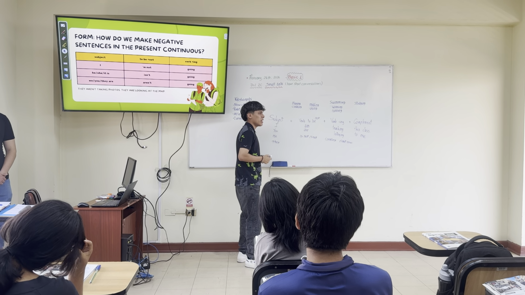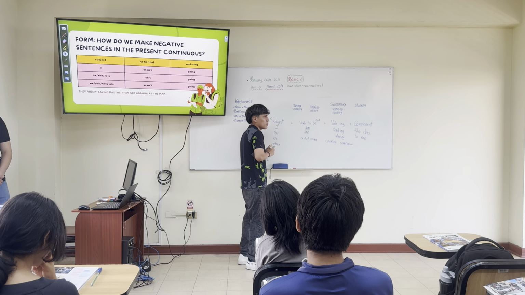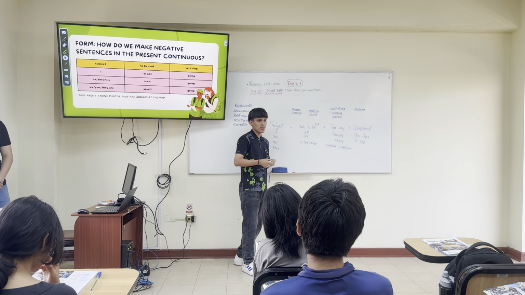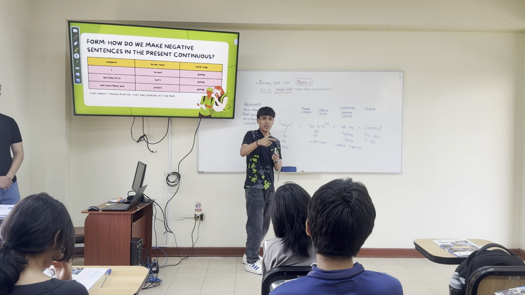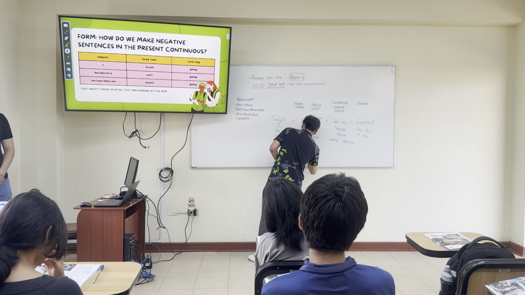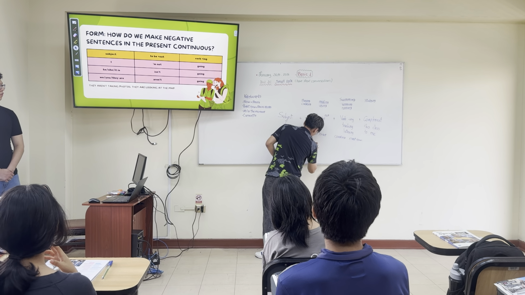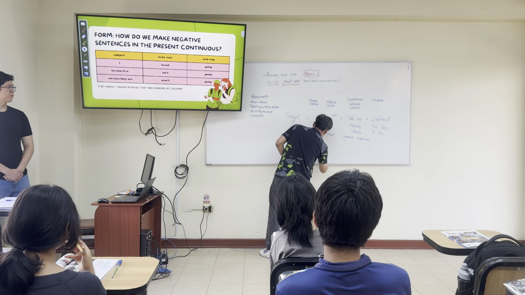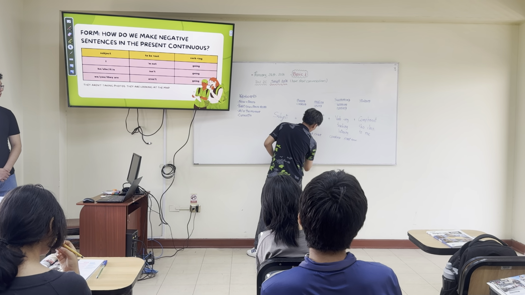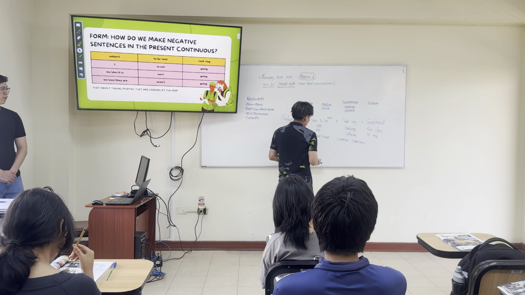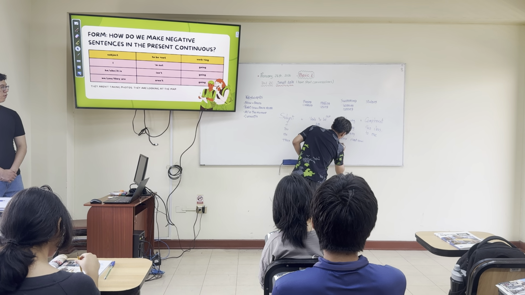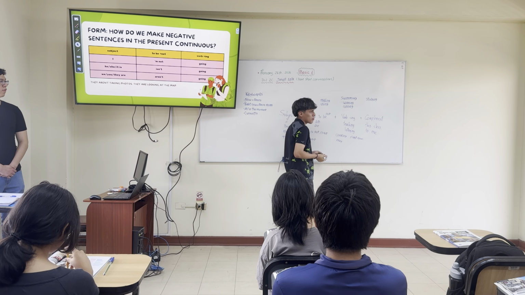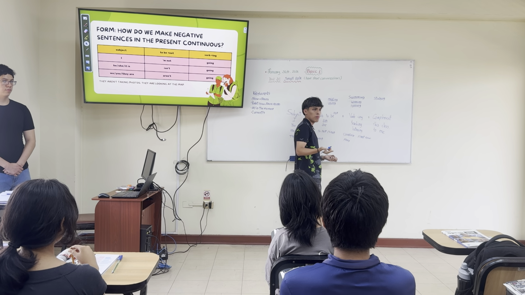Now, with plural, they. In verb to be, they, what is the verb to be? Are. Are, correct. So, in negative, they aren't. Aren't, correct. They aren't playing, one verb, playing, with ing, playing, correct.